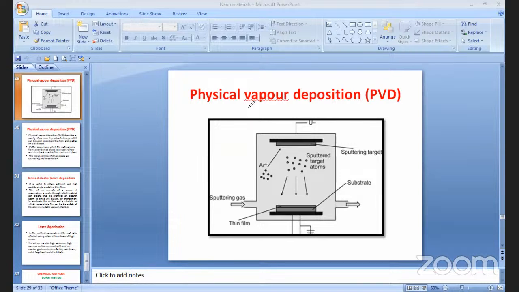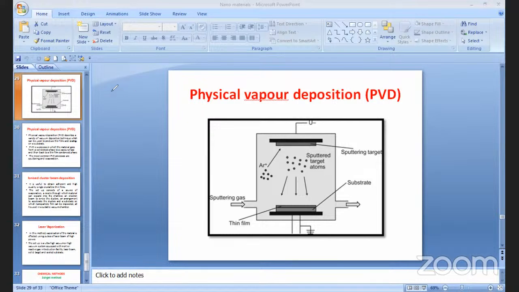And if you take some drawbacks or limitations which we have in the case of the physical vapor deposition method, the first is that while we get these thin films, sometimes we won't get uniform thickness.